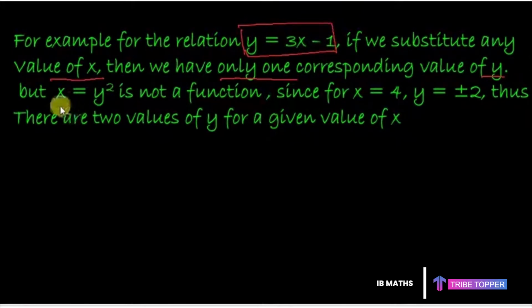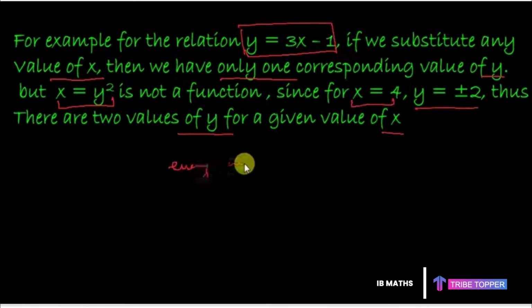But a relation like x = y² is not a function because if you substitute x as 4, then y is ±2. So you have two values of y for a given value of x. Thus, we can say that every function is definitely a relation because it's a special type of relation.